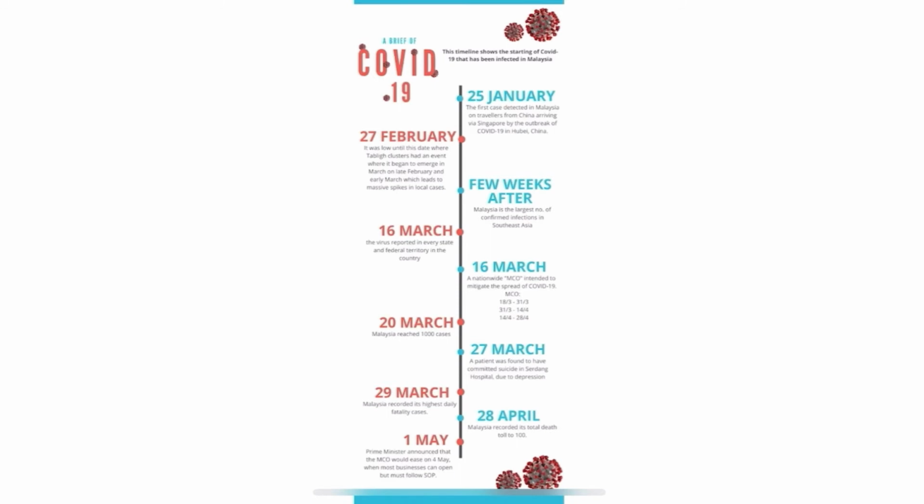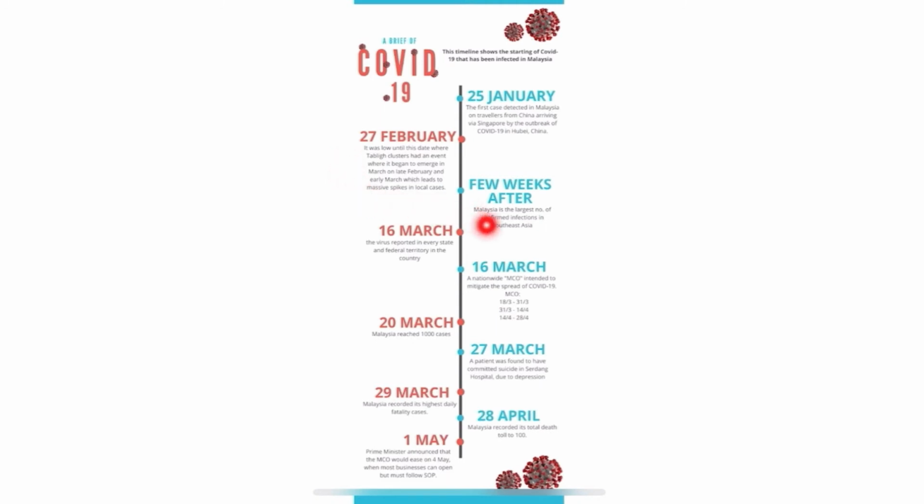On 25 January, the first case was detected in Malaysia, on travellers from China arriving via Singapore, from the outbreak of COVID-19 in Hubei, China. Cases were low until 27 February, when the Tabligh cluster event led to massive spikes in local cases in late February and early March.